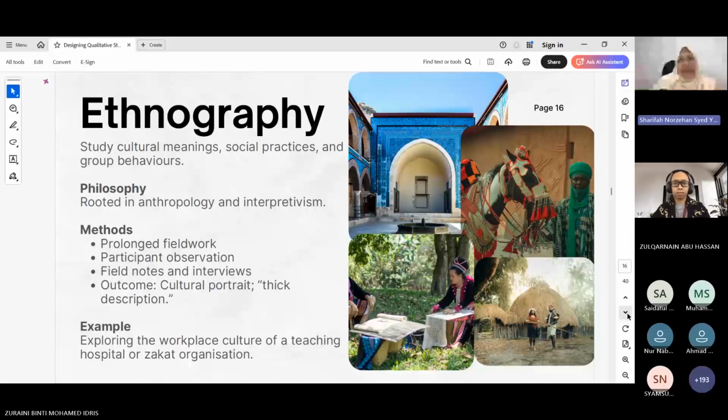In the real context of research, you can actually have a mixed kind of design. But for your PhD purposes, I think it's best for you to choose just one particular design to help you. All right. I chose case study as my main, but in terms of looking into the outcome and the explanation, I have a little bit of phenomenology there, because my purpose is to actually explain.